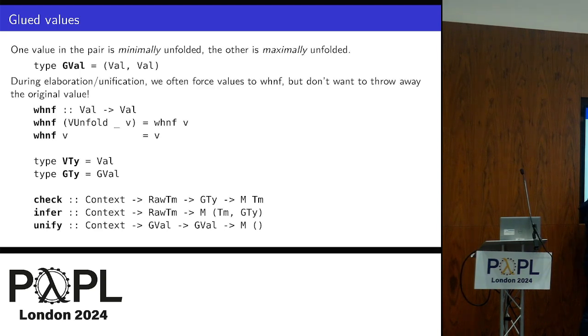But then, if we are doing this recursively, at any point we need to hold onto the most forced version when we peeled off all the unfolds, but we also need to hold onto the version which has not been unfolded, because if we just lose track of the least unfolded version of the value, then we lose this opportunity to generate sharing in terms. I'm not sure if that's clear. Yeah, I think so. Okay.